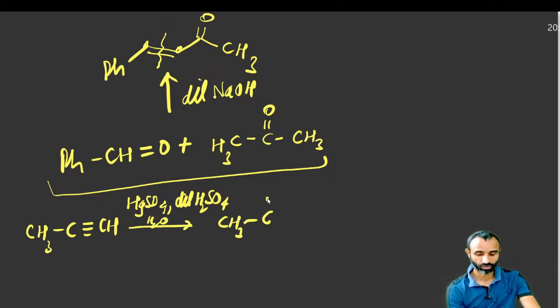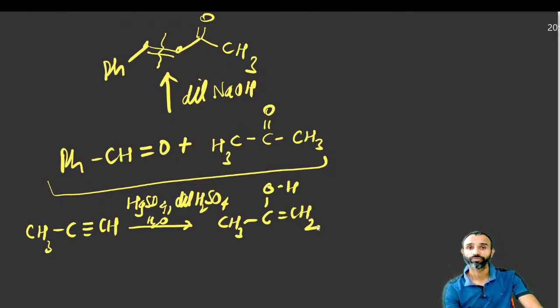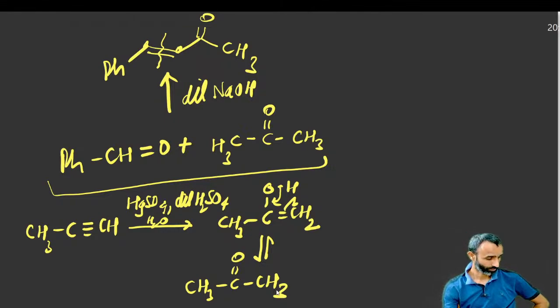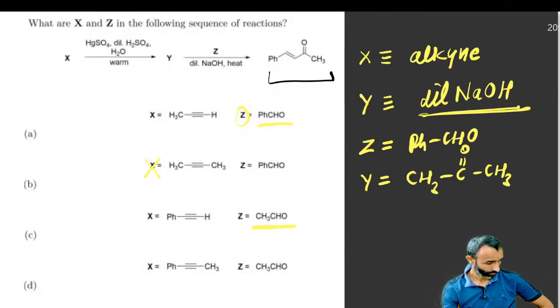First of all, OH is added here and we get enol. There is tautomerization, and due to tautomerization there is shifting of hydrogen, so we get acetone. So the answer should be option A. These are the X and Z in the reaction.